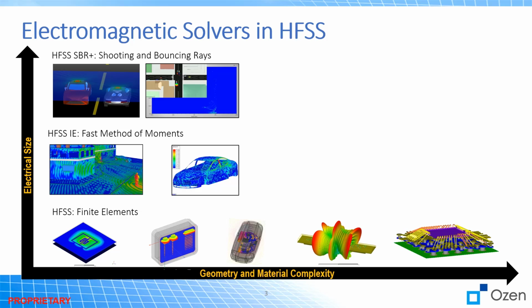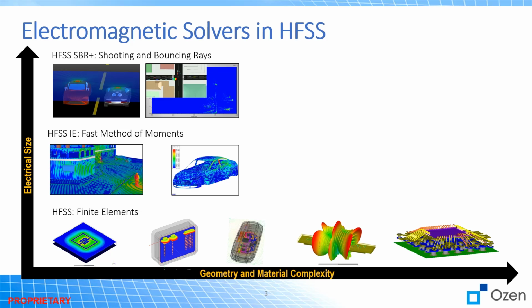The last solver that's shown here is based on the shooting and bouncing rays method and is referred to as SBR Plus. It was first added into HFSS in 2016, and it's based on a ray tracing technique that combines physical optics, geometrical optics, and advanced diffraction physics to accurately model edge scattering and creeping waves. It's an excellent way to efficiently simulate very electrically large models, such as antennas installed on vehicles and aircraft.